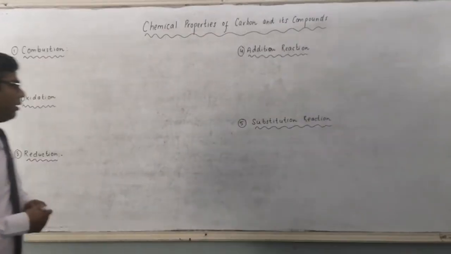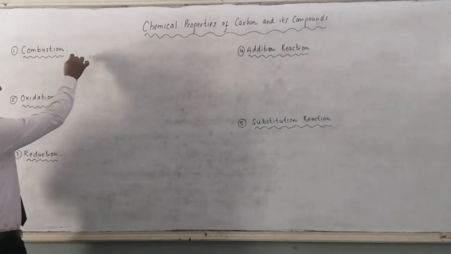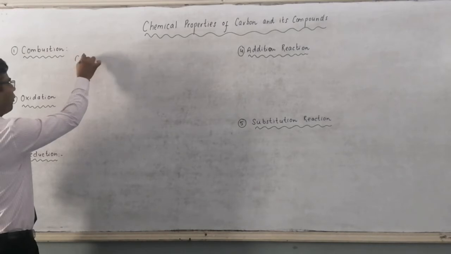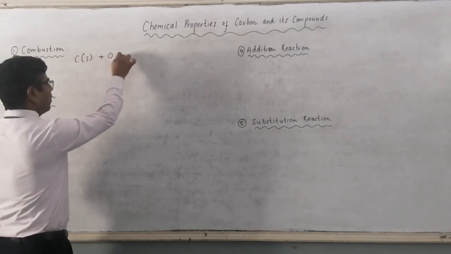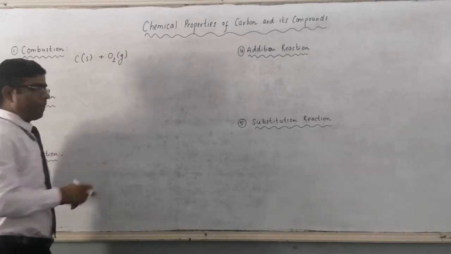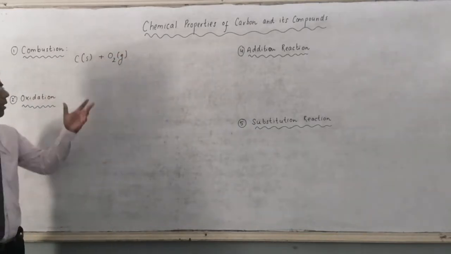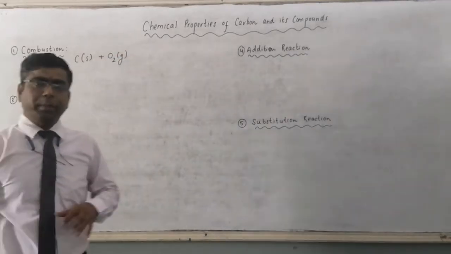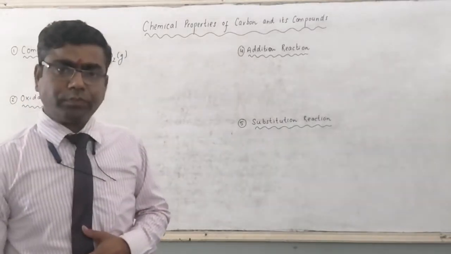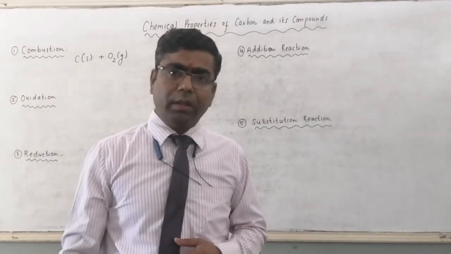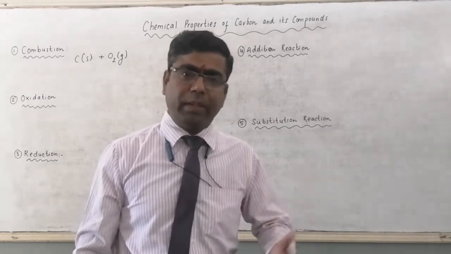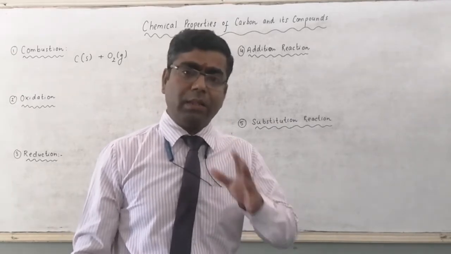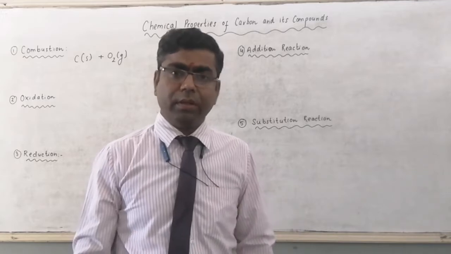If carbon is made to react with oxygen, here we are talking about the combustion reaction of pure carbon. It is reacting with oxygen, it means it is exhibiting oxidation, or it is exhibiting combustion reaction.